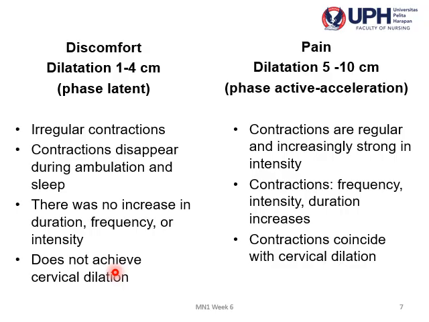We move on after 4 centimeters to what we call pain dilatation. Here the cervix will open up from 5 centimeters to 10 centimeters, which we can also call the active acceleration phase.